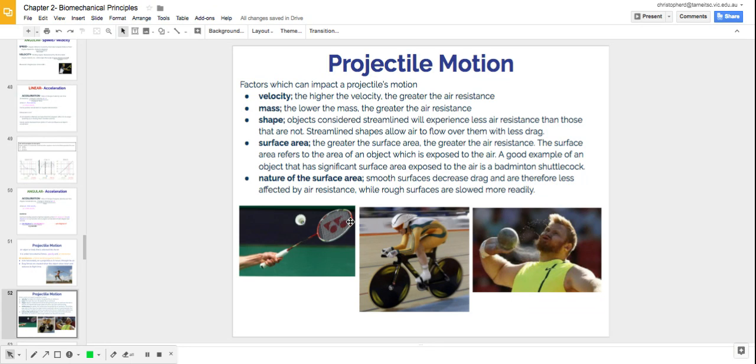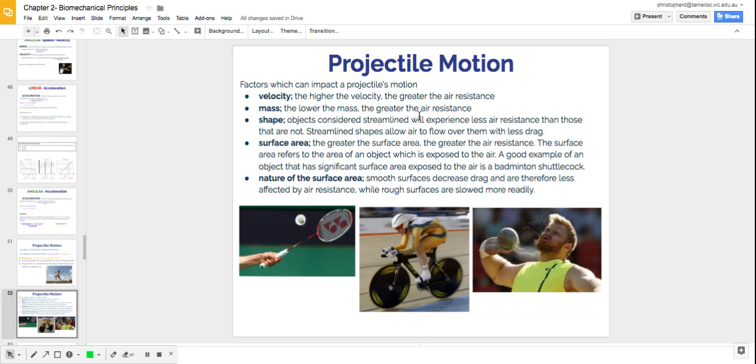More air is going to flow past this helmet and over the back of the cyclist, meaning there's less drag. If you ride a bike with your arms out, compared to your arms tucked in, with your arms out you're going to have greater air resistance, whereas if your arms are tucked in, there is less air resistance.